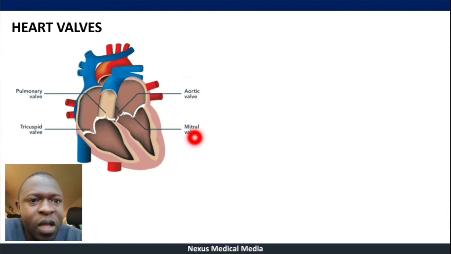The blood will come through the pulmonary veins to the left atrium, and from the left atrium it will go to the left ventricle via the mitral valve or bicuspid valve. I will show you the cusps. And then it will be pumped to the rest of the body via the aorta, right?